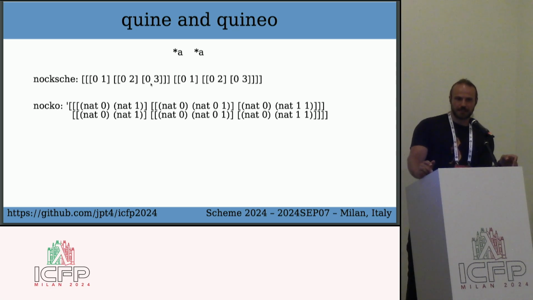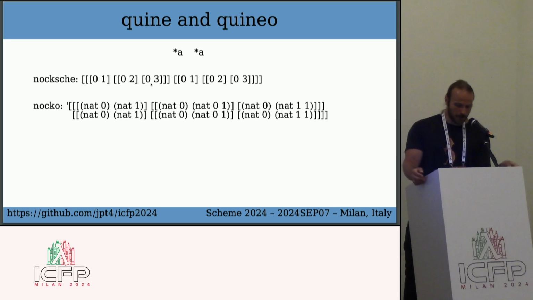This shows that giving explicit access to the structure of its own code makes it quite straightforward to construct self-referential programs like a quine. And at the very top, you see star A to star A.